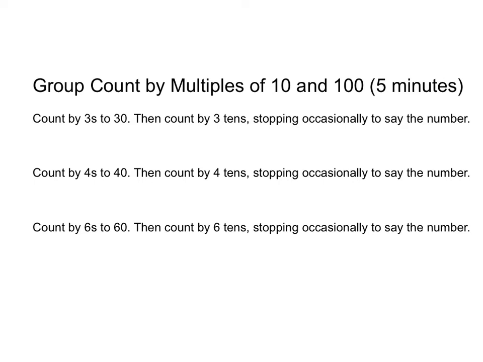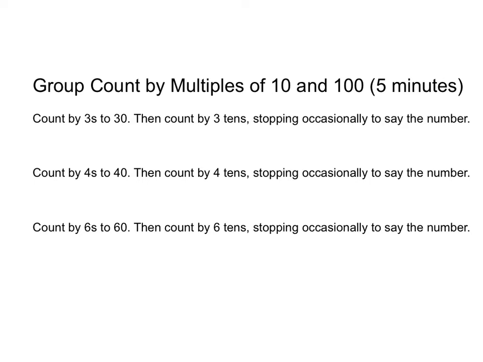All right, we'll count by threes to 30. Here we go. 3, 6, 9, 12, 15, 18, 21, 24, 27, 30. That one we didn't stop because we were saying the actual number. So now we'll do it again, and this time we're going to say 3 tens.